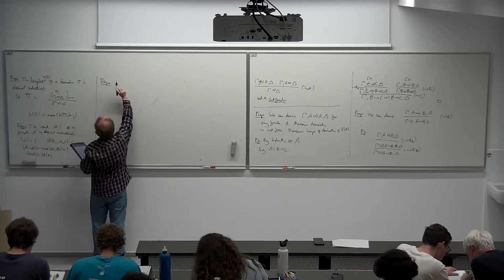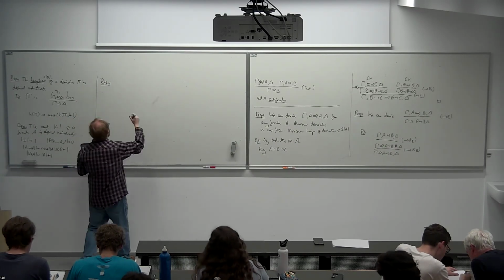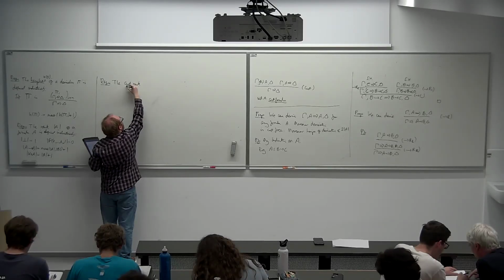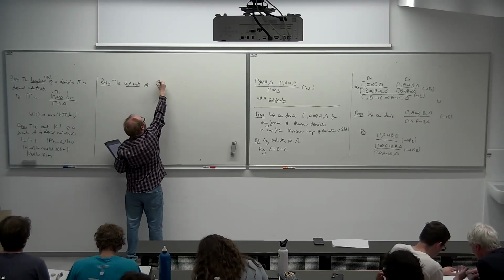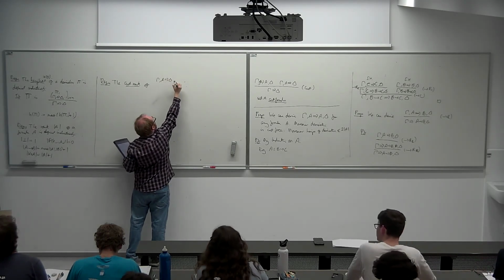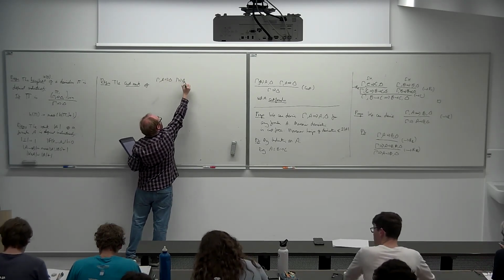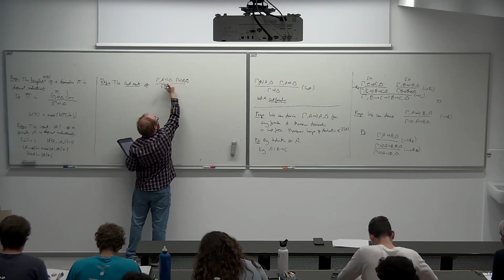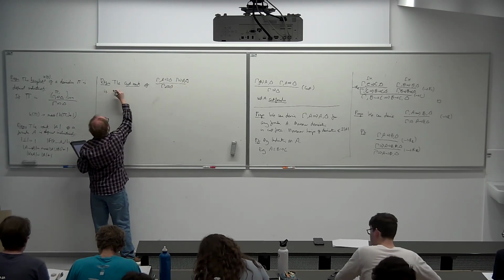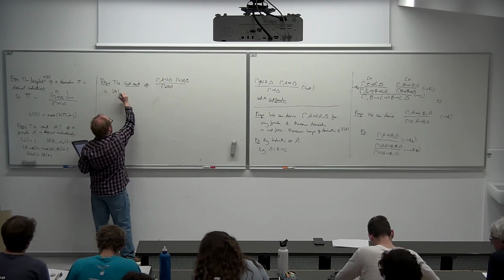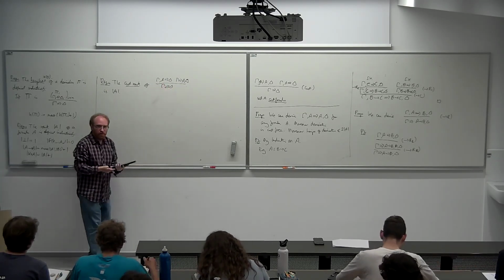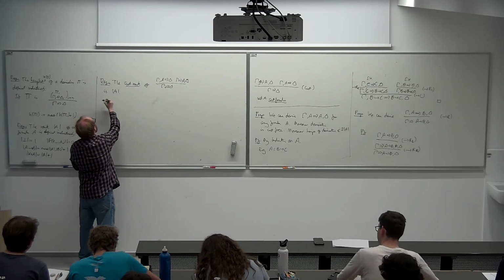Then we can use this to define a cut rank. The cut rank of a cut, the cut which looks like this, is by definition the rank of the cut formula, so the rank of the A_0 here.